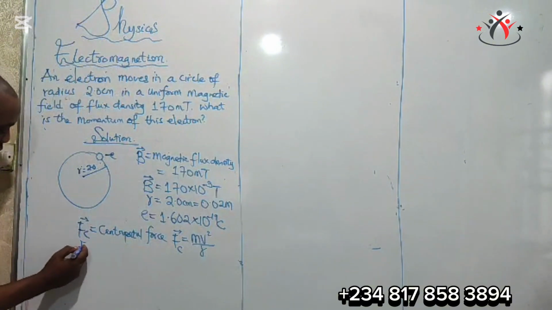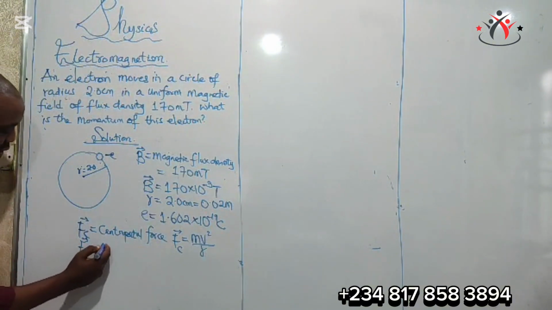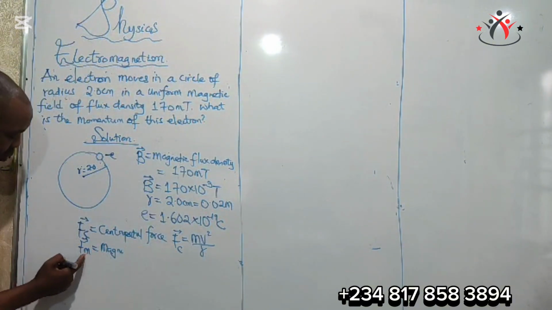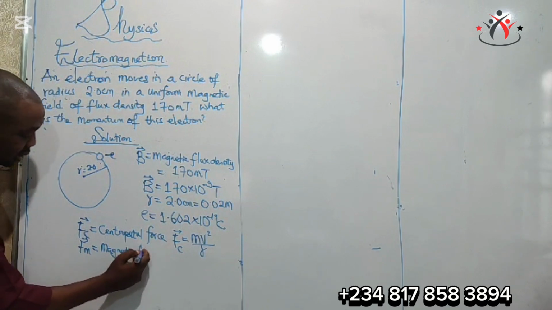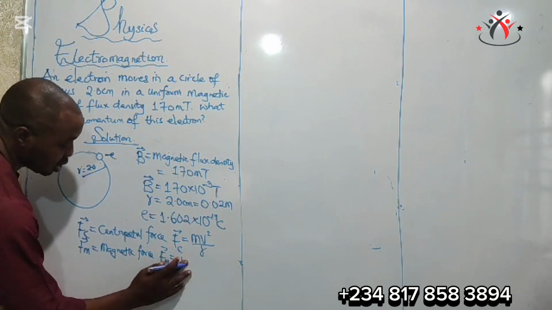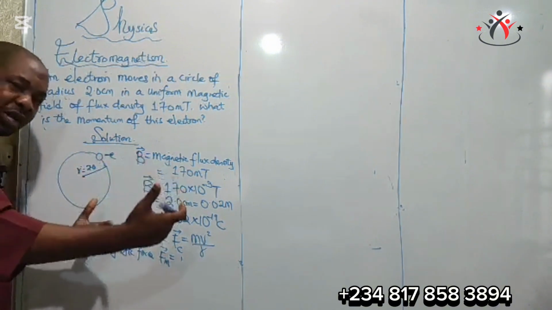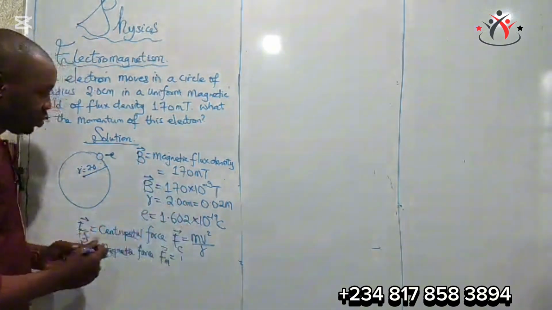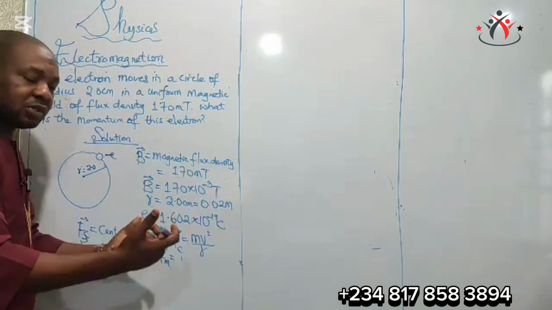Let's say the magnetic force is designated as Fm. Since it is a force on a moving electric charge, there will be a velocity.